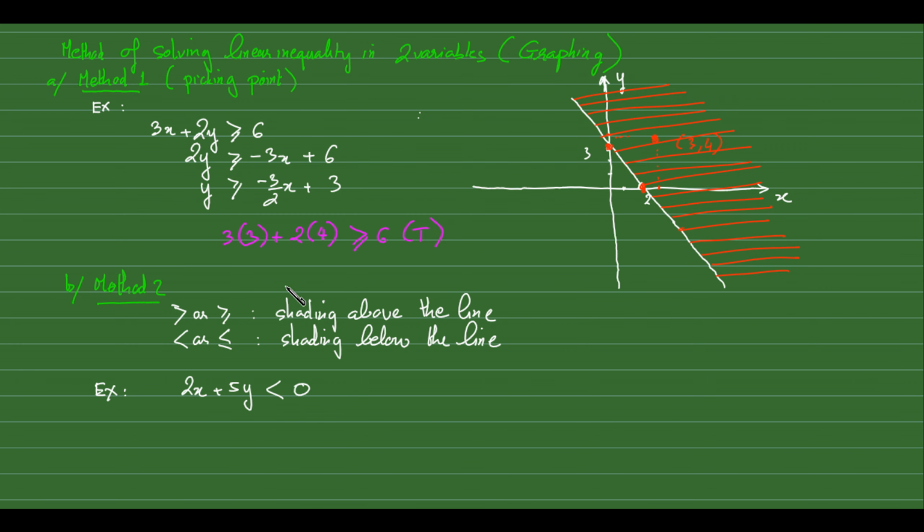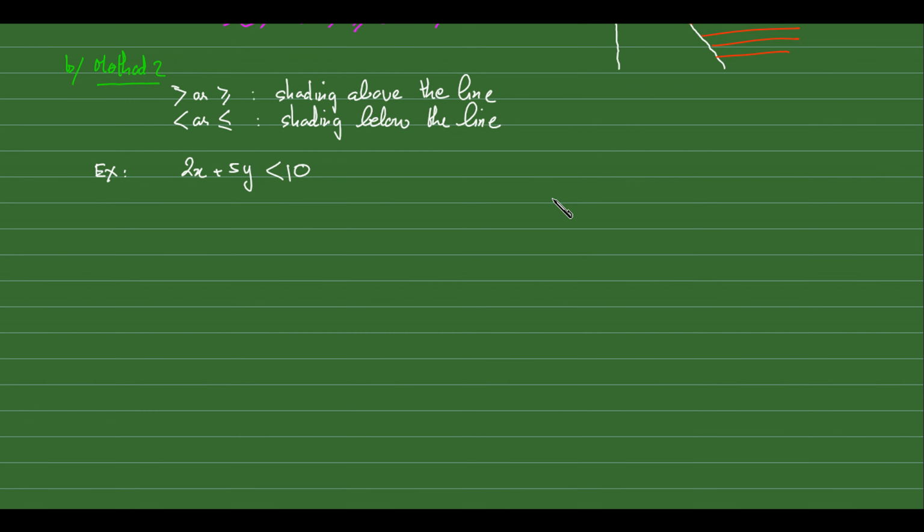I'm going to use the second method to do this, but whichever method you use, you have to convert to slope-intercept form. So go ahead, convert it to slope-intercept form, and divide both sides by 5. So you have y less than negative 2 over 5 x, plus 10 divided by 5 is 2. You see that this doesn't have an equal sign, so you have to use the dashed line instead of the solid line as last time.